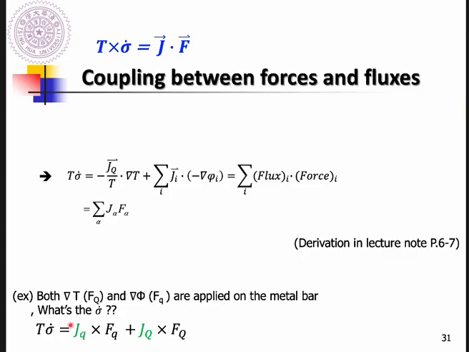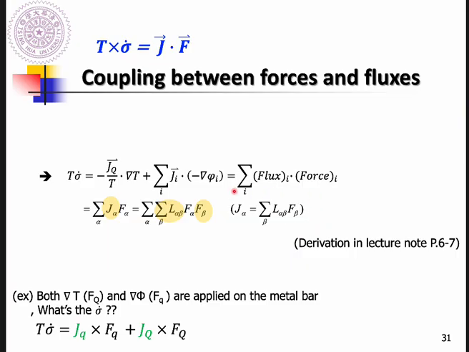So now the point will be, what are the current density and the heat flux? This is the most important part, regarding the flux term. It's not that easy, because the detailed derivation shows that the flux of alpha entity equals the summation over beta of L alpha beta F beta.